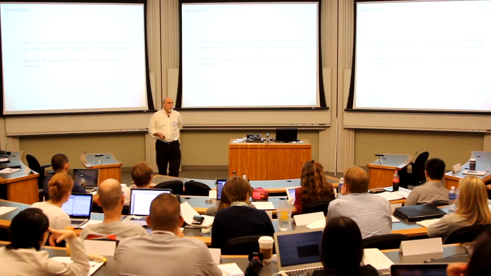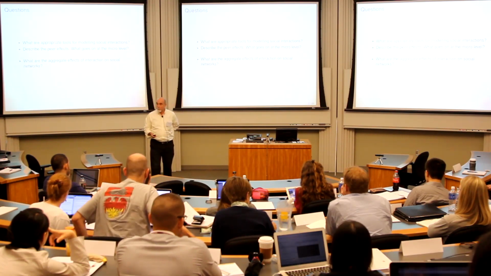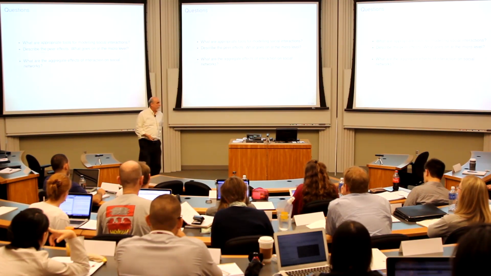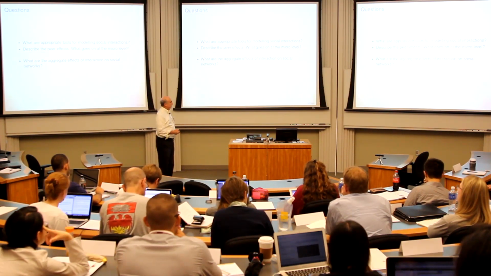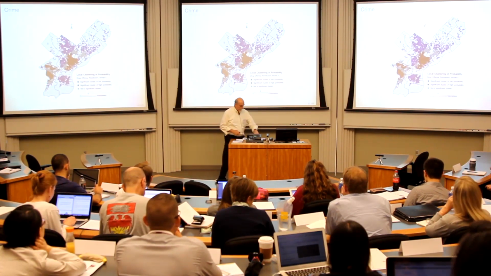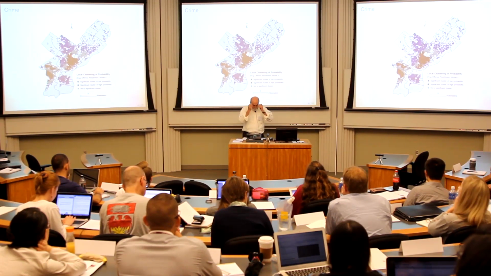I'm going to give you an example of that in just a second. But that's what I mean by aggregate effects: these really large systemic effects. And we want to study both of these questions. So let me give you an example. I want to talk for just a minute about the economics of crime.